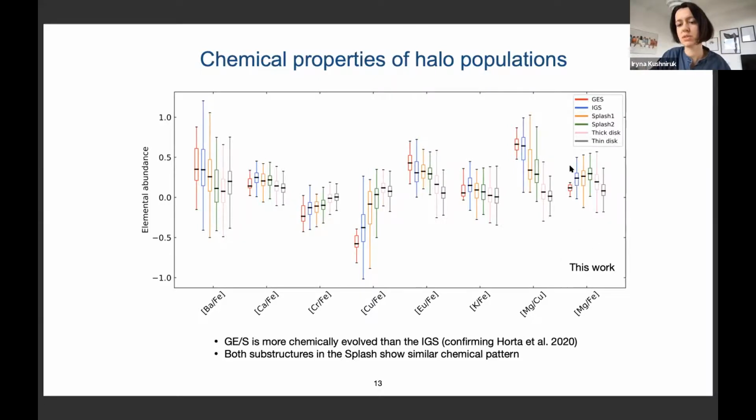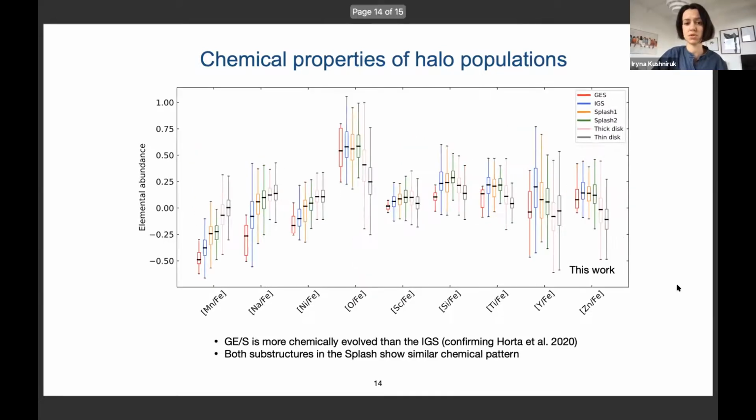For example, magnesium. We confirm the same results, and calcium looks the same as in Horta et al., that the inner galaxy substructure is less chemically evolved than Gaia Enceladus sausage. Let's look at, for example, titanium, the same thing, oxygen.